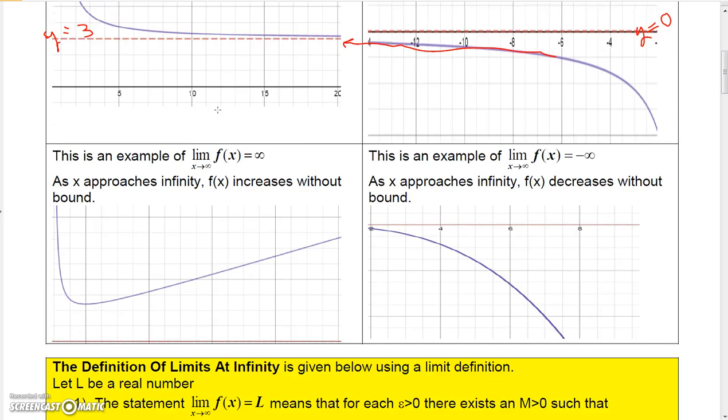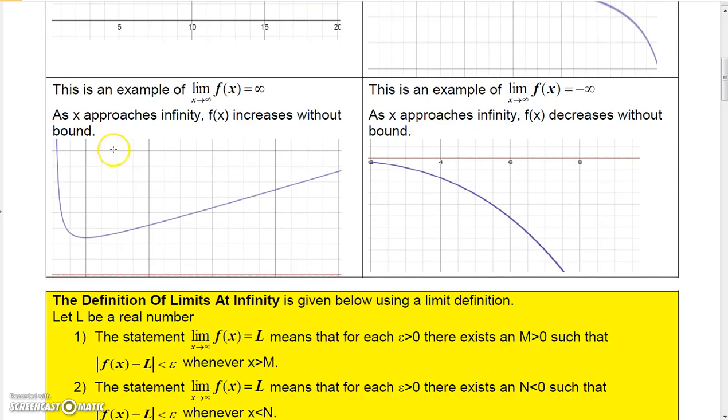Now, some other things that could happen. Here, notice that as x approaches infinity, the graph doesn't seem to get closer and closer to a number. It just seems to increase without bound. And then same thing here, except the difference is that whereas this graph is approaching infinity because it's increasing without bound, this function as x gets larger and larger is actually decreasing without bound.